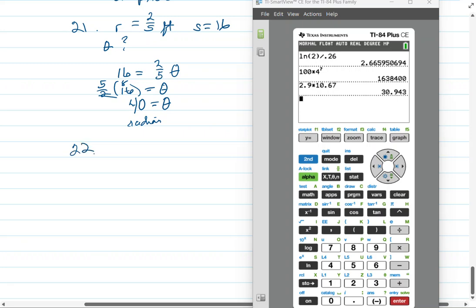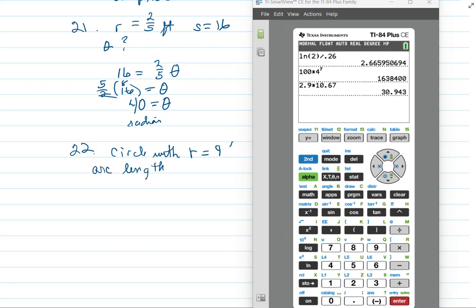22 is for a circle with a radius of 4 feet. Find the arc length S subtended by a central angle of 30 degrees, rounding to the nearest hundredth. Okay.